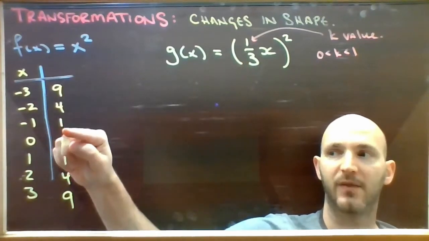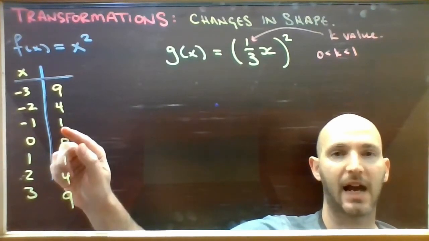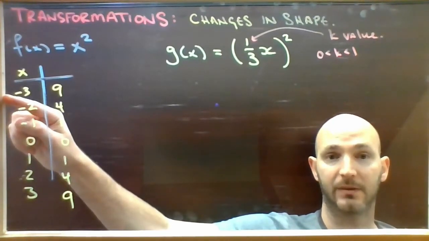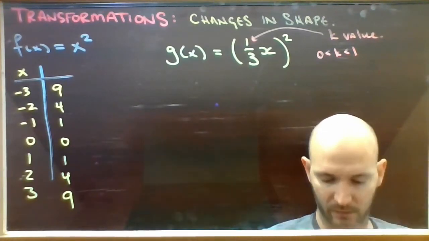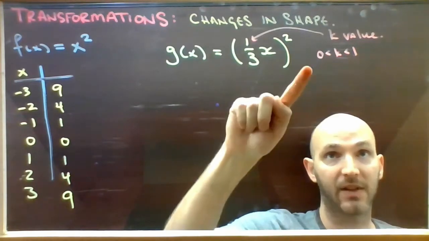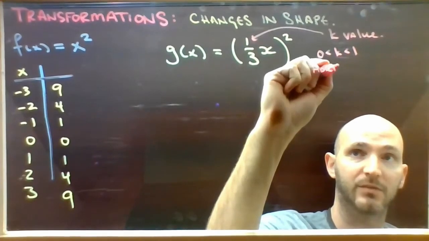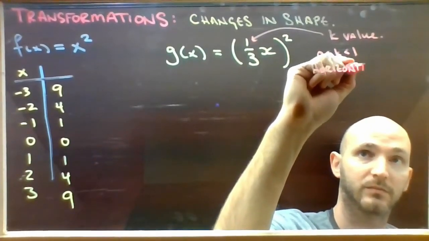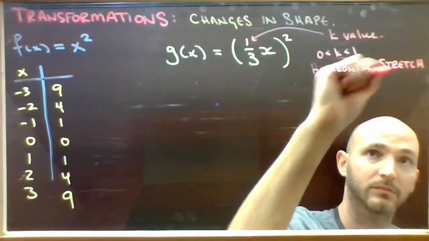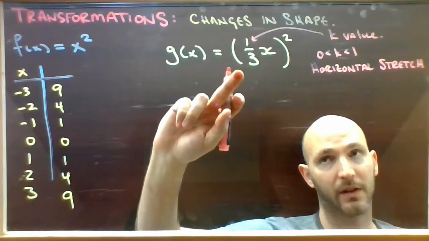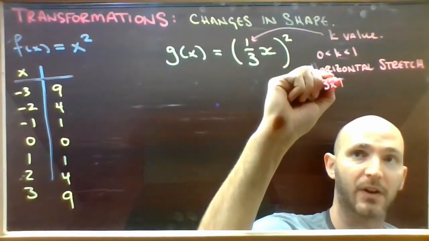So this value, my 1 up on the axis, isn't going to happen until this x value. So I'm taking those dots and pushing them out from the axis. So if I have a k value that looks like that, this will be a horizontal stretch. And for a k value of 1/3, it means that they will be 3 times farther from the axis.